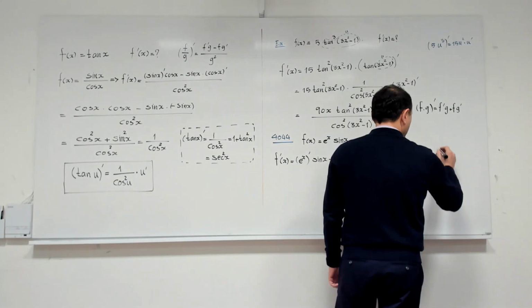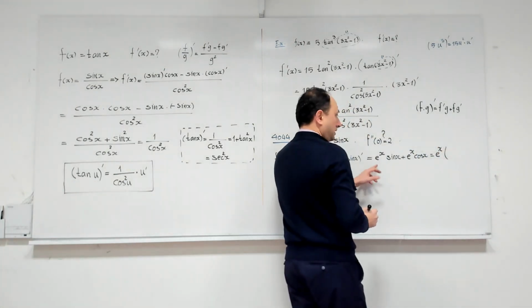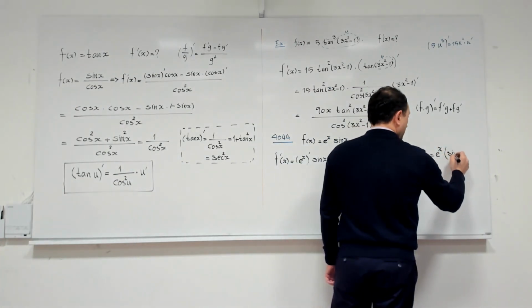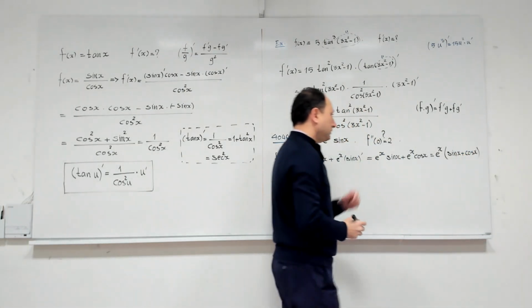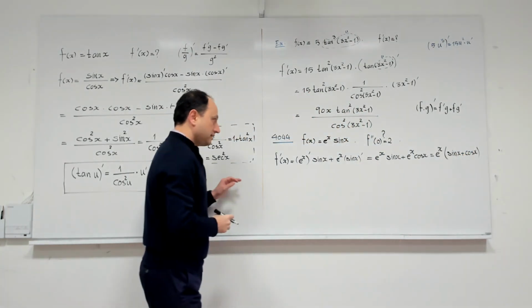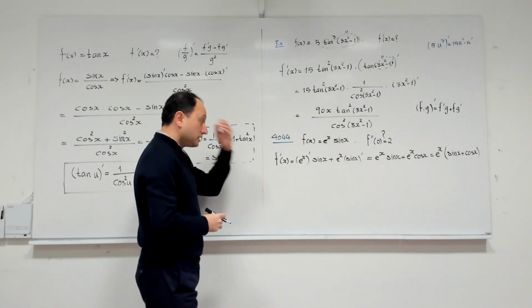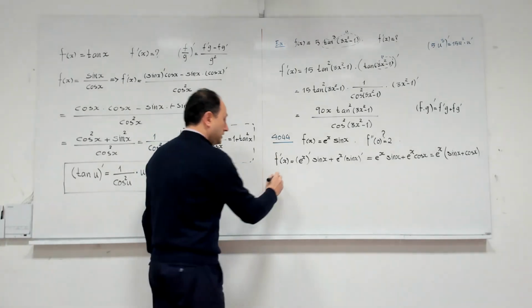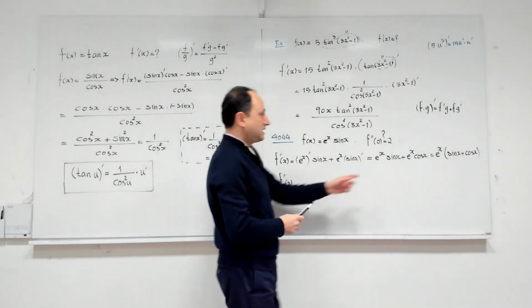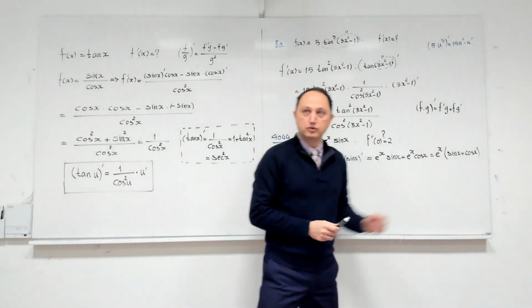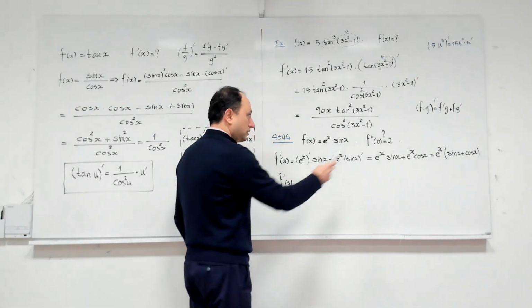So let me simplify that. I take e to the power of x out, then I will get sine x plus cosine x, yes? So this is my first derivative. The advantage of taking it out, because now if I ask you if I want to differentiate it once more, what should I do? You would say that this is exactly one product rule again. So I can use the product rule here.